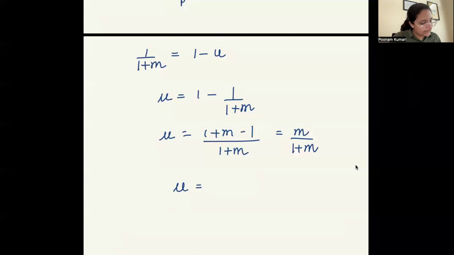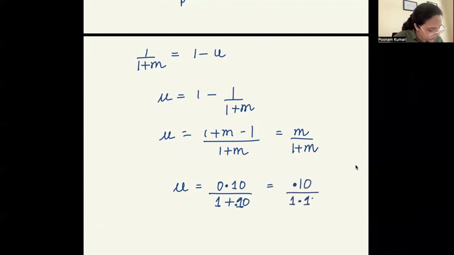M is 10%, meaning 0.10. And it is 1 plus this. So this is 0.10 divided by 1.10. Or if you don't want to put the 0, remove it. So what is this? 1 by 11.